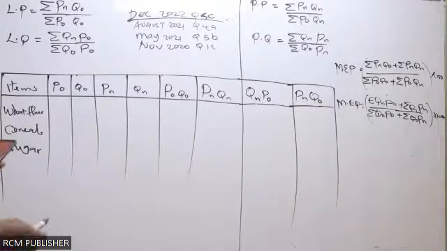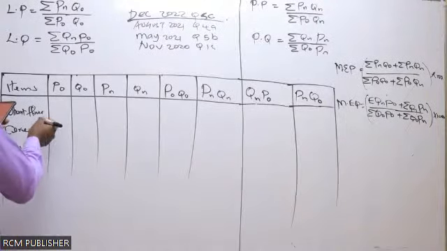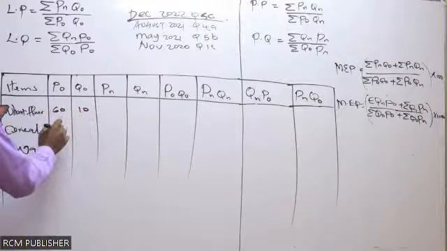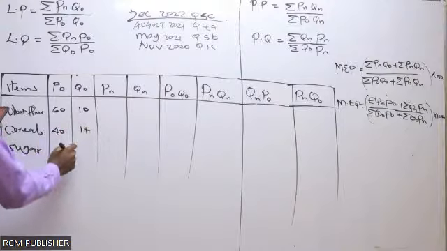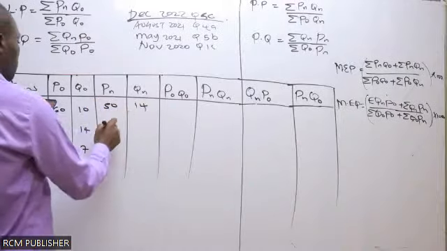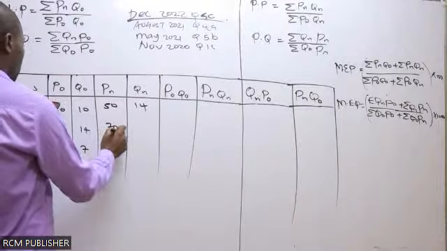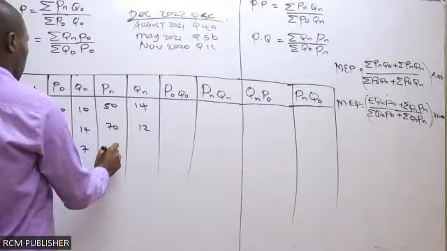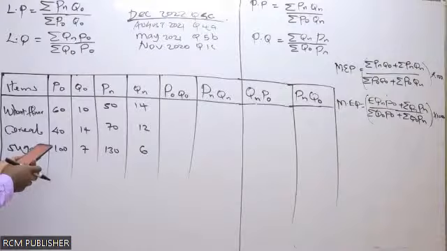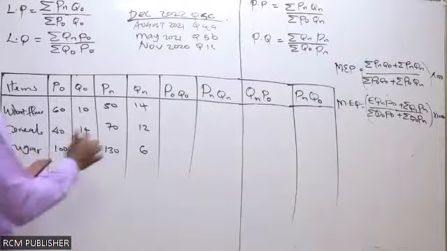For the ones that have been given to us, of course, we have PO to be 60, 10, 40, 14, 107, and 50, 14, 70, 12, 130, 6. That is what we have been given.